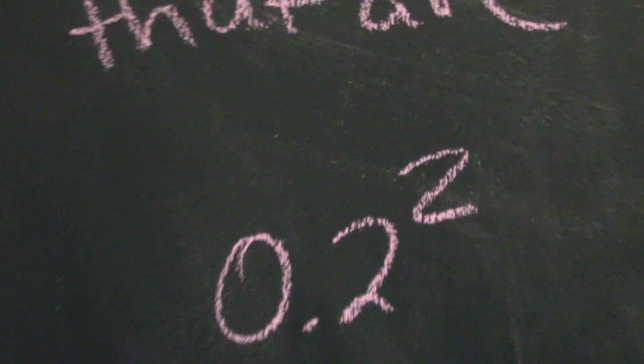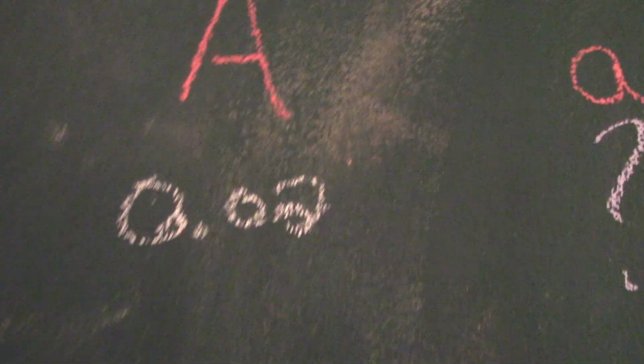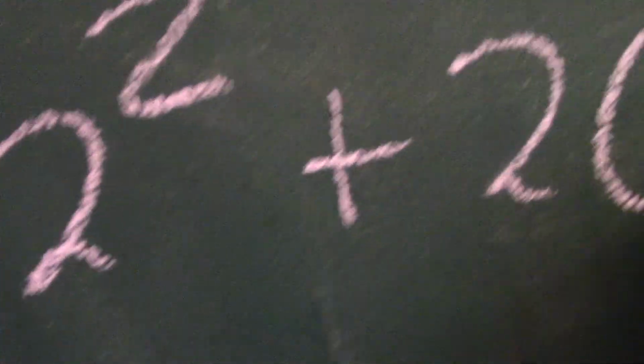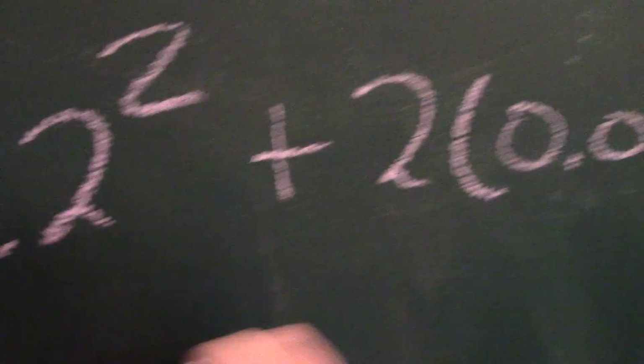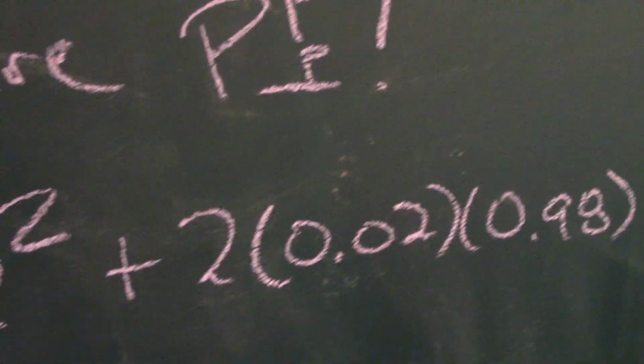I'm going to use my Hardy-Weinberg equation. I'm going to use P squared, so that's going to be 0.02 squared, plus 2 times P, which is 0.02, times Q, which is 0.98. That will give me the percentage of cats that are polydactyl, because it's a dominant allele. So let's use my calculator and solve for that.